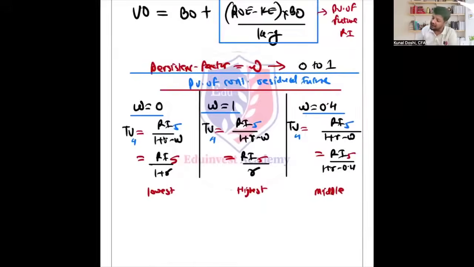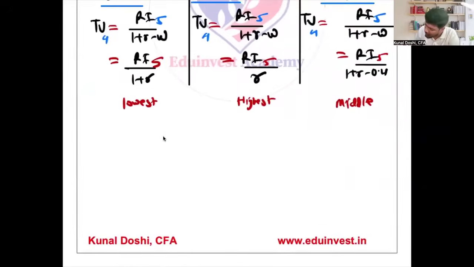This is going to be the present value of residual income. So now my valuation will be based on three things: the current book value plus present value of residual income in two stages. One is the high growth phase, and then the constant growth phase. This is when I'm going to use the multi-stage residual income model.